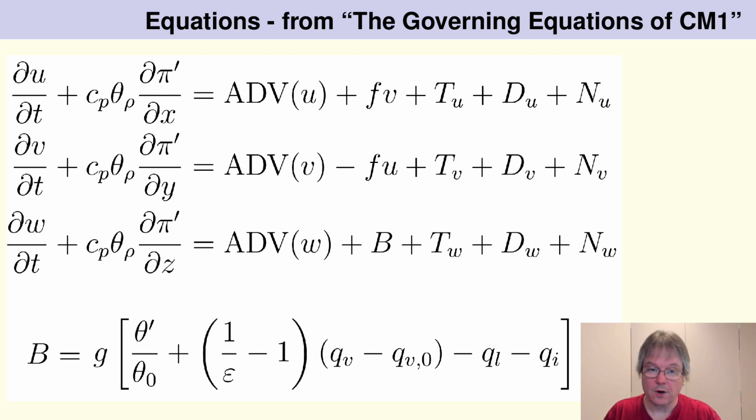Now we're talking liquid water, so water H2O, 1,000 kilograms per cubic meter density, right? Rain. We're talking about rain in this Q sub L basically, and Q sub I would be all ice hydrometeors, so snow and graupel and hail. So if you have rain falling, that's going to help drag the air and cause a downdraft. If you have graupel or hail falling, same thing.